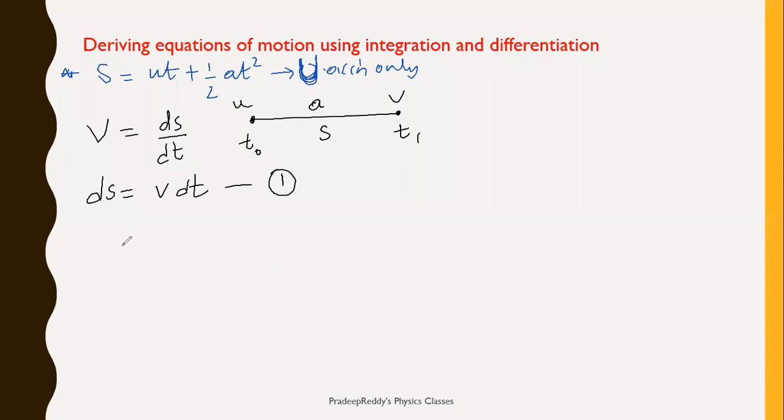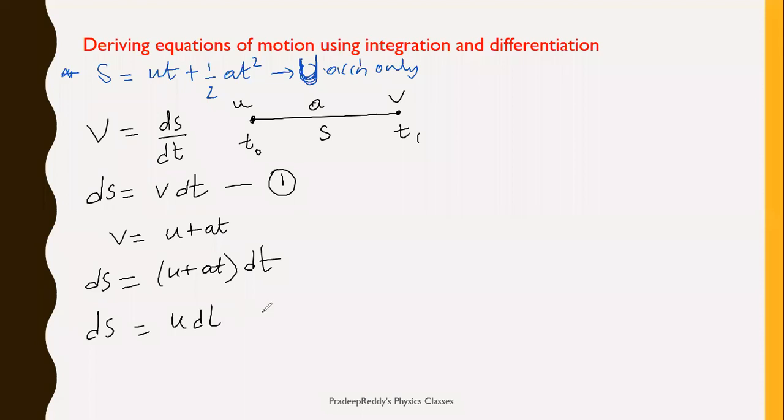And we already know the equation for v. v is equal to u plus at, because we already derived this equation. We can use this expression over here. Now ds is equal to, wherever v is there, you just substitute that u plus at, into dt. Now this is ds is equal to u into dt plus a into t dt. What are you supposed to find out?